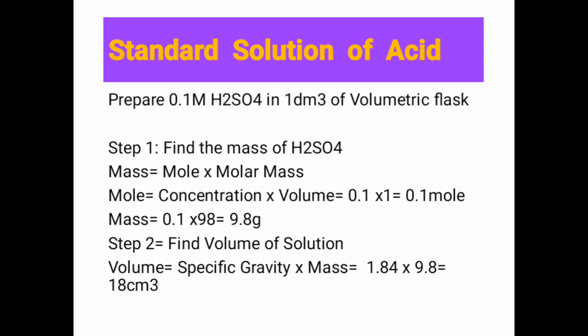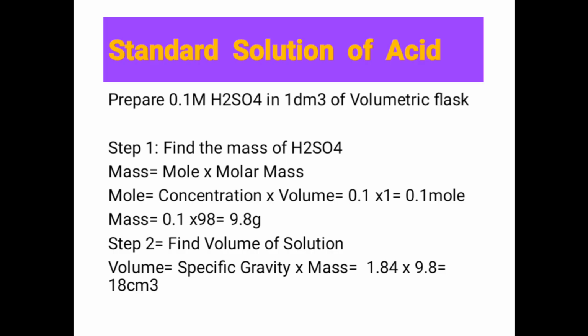The first thing is to also find the mass. How do you find the mass? Mass is mole times molar mass. And the mole is concentration times volume. The concentration given there is 0.1 and the volume given there is in dm cube already. You don't need to convert. 0.1 times 1 will give us 0.1 mole.